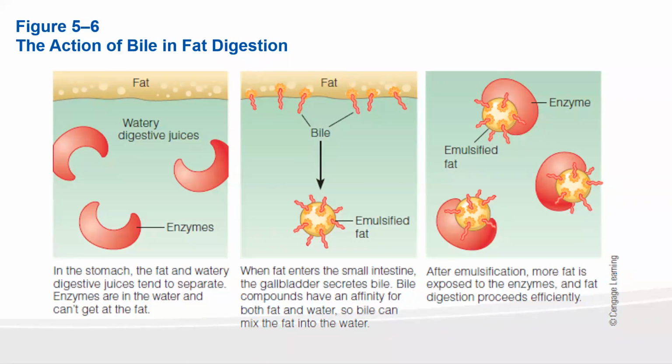It doesn't really matter. But these fat molecules, you can think of them as oily blobs that are not mixing with the water. And what the bile can do is grab little chunks of these oily blobs and bring them through a water, aqueous solution. And then these enzymes can now grab onto them and break them down. So that's basically what bile is doing.